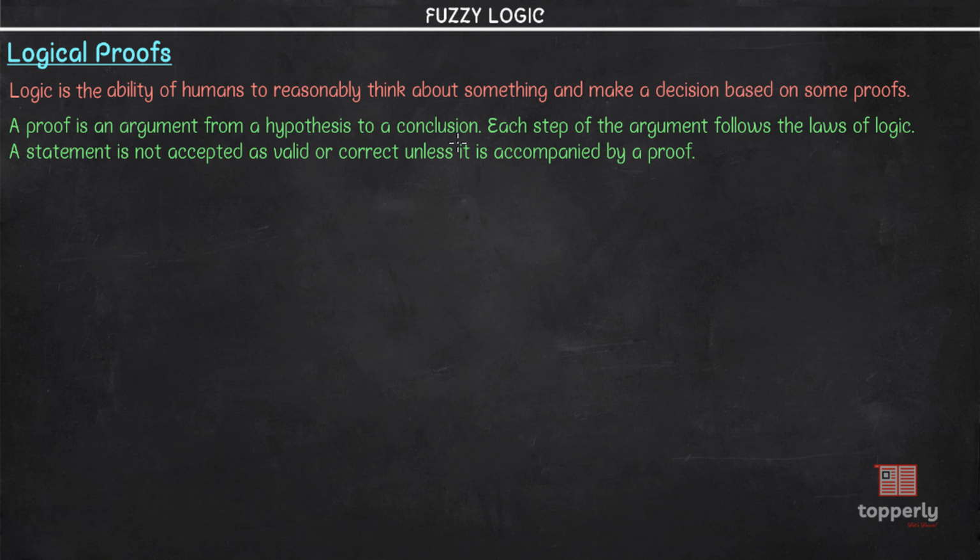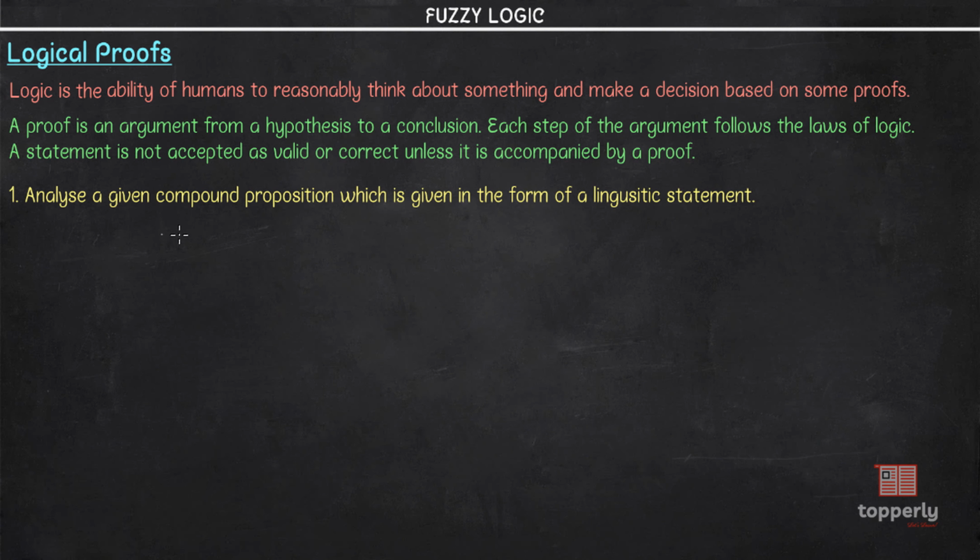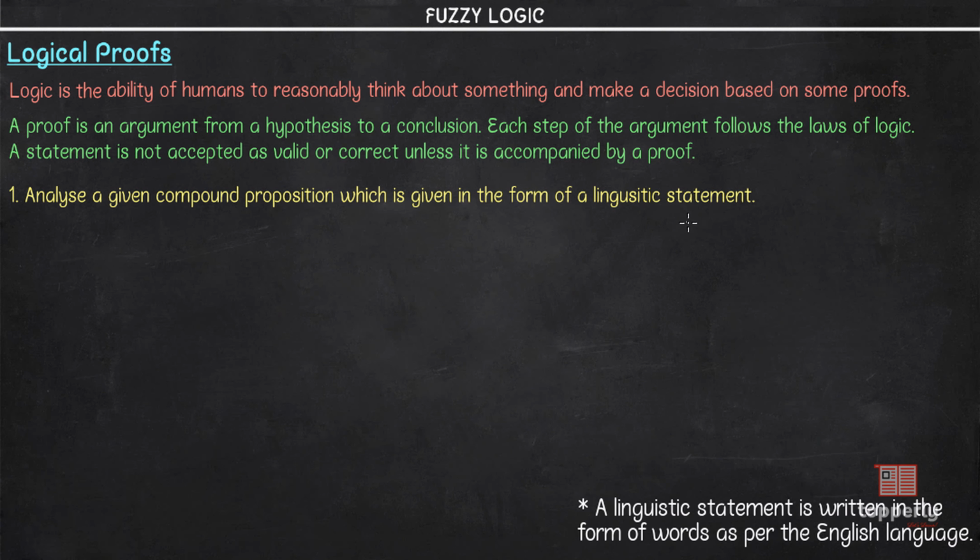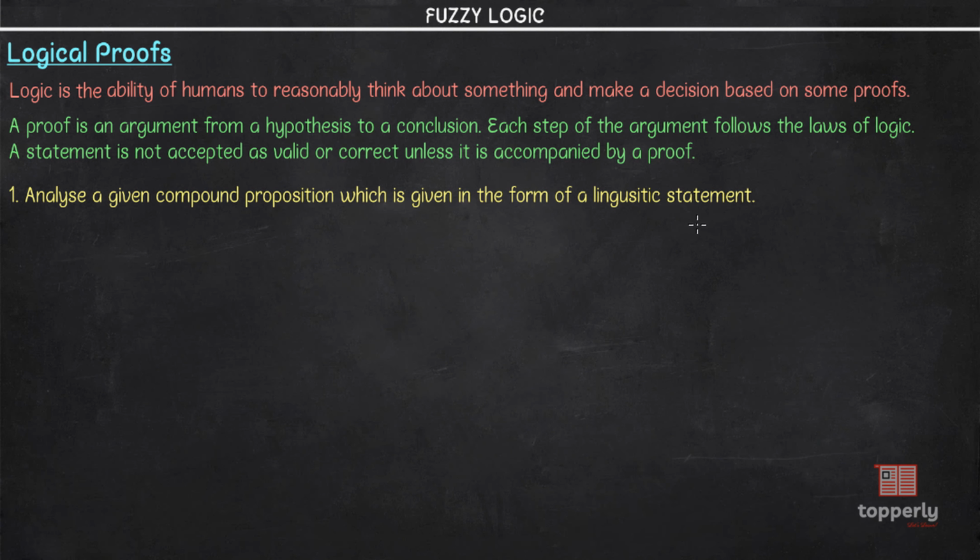Now in the case of logical proofs, we have certain steps for that. First, we analyze a given compound proposition which is given in the form of a linguistic statement. A linguistic statement is just a statement that is written in the form of words as per the English language. As we have seen earlier, propositions are represented by capital P, capital Q or by variables. A linguistic statement will have actual words and sentences.